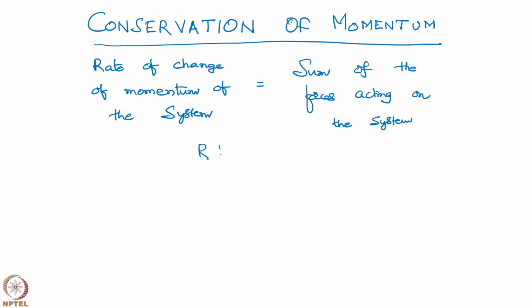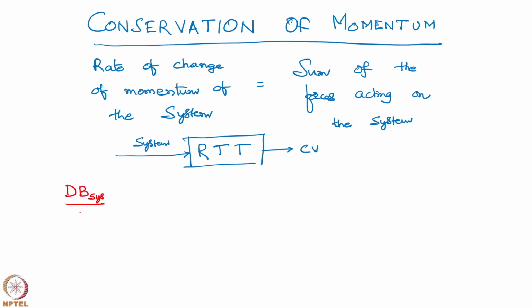Again, I have to use Reynolds transport theorem to transform the equations which are written for a system, or the principles applied for the system, to a control volume. So, like what we did earlier, the RTT is that dB system by dt is equal to dou by dou t of control volume rho B dV plus control surface rho B V dot N dA.